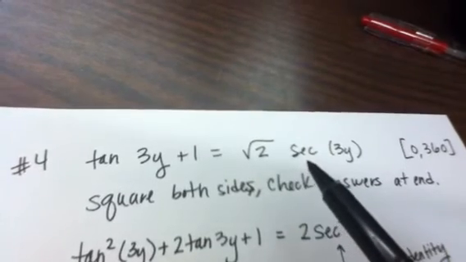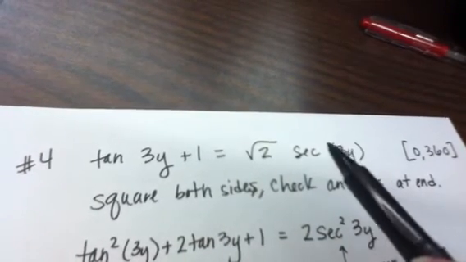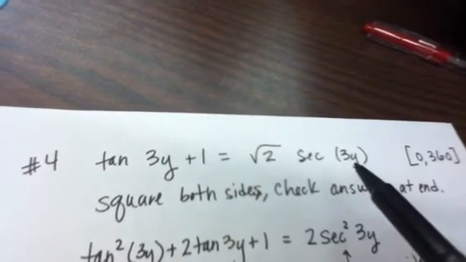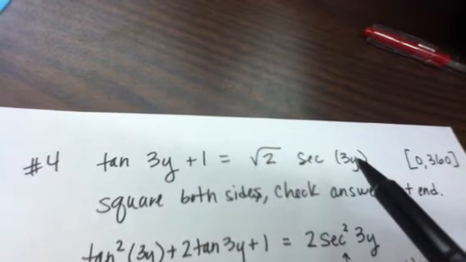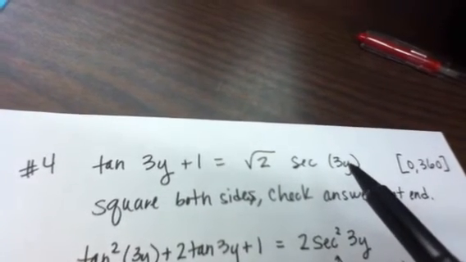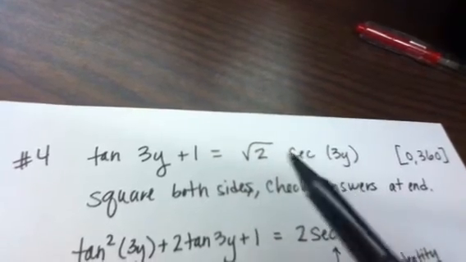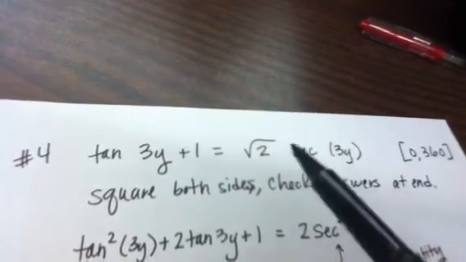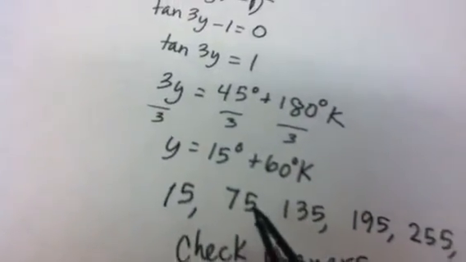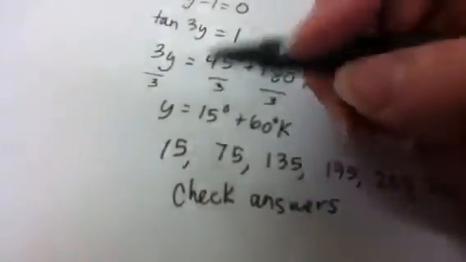And then secant of 3 times 15 would be the secant of 45, which I don't remember what it is. Anyway, you multiply times the square root of 2, we did this last time, and you should get 2 over here. So the 15 actually does work, but then if you try plugging in the 75, you will not get the same answer on both sides. So that one doesn't work.